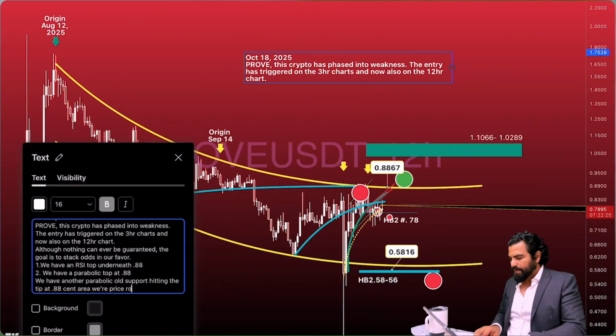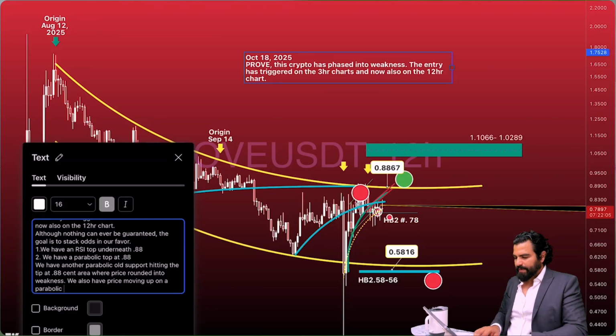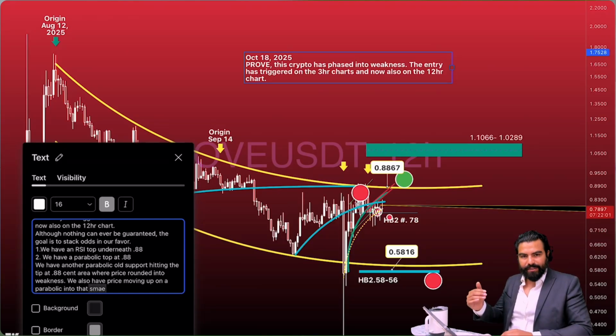Round, where price rounded into weakness. We also have price moving up on a parabolic into that same weakness. Okay, so that's a part of it.